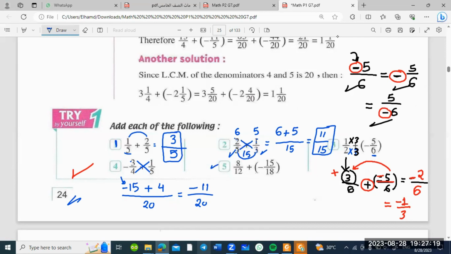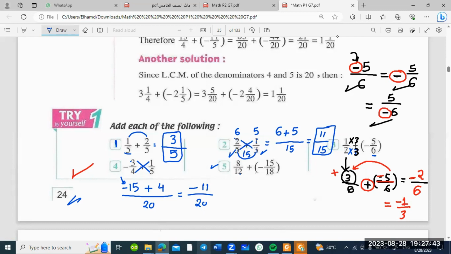Right, for question number 5 here, you have 8 over 12 plus negative 15 over 18. The denominators are not the same. But give me one second to show you something. When you look at these numbers, you can find a common factor between the numerator and the denominator of each rational number. Yes or no? Yes.